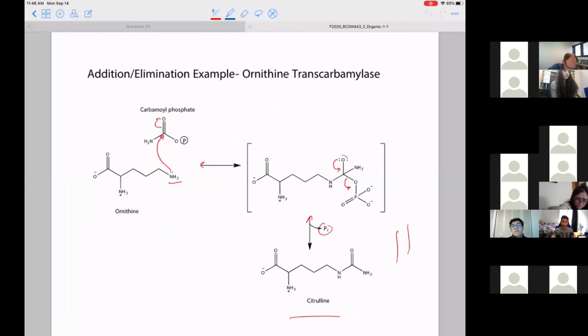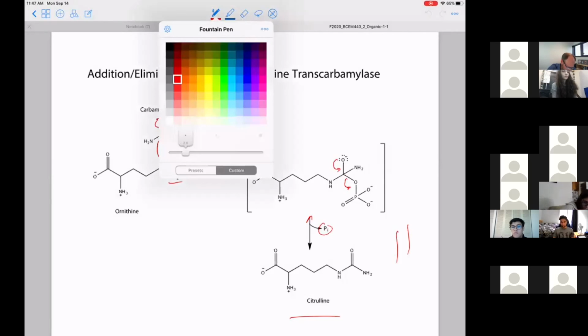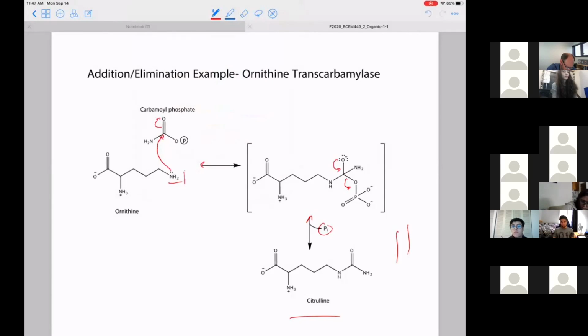And COSAR, your question is about this first step of the reaction? Well, it is the electrophile in the first step of the reaction, right? The electrons from the terminal nitrogen here, this guy's the nucleophile, and that's the carbonyl. Oh, I see what you mean. These guys out here. So why not phosphate?